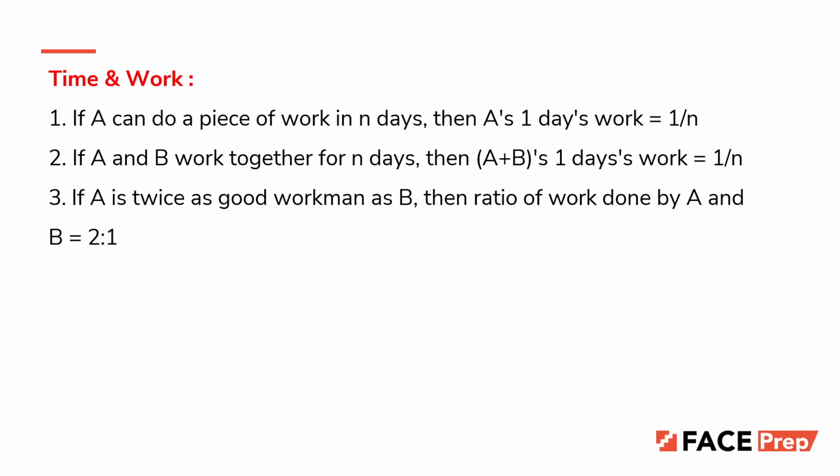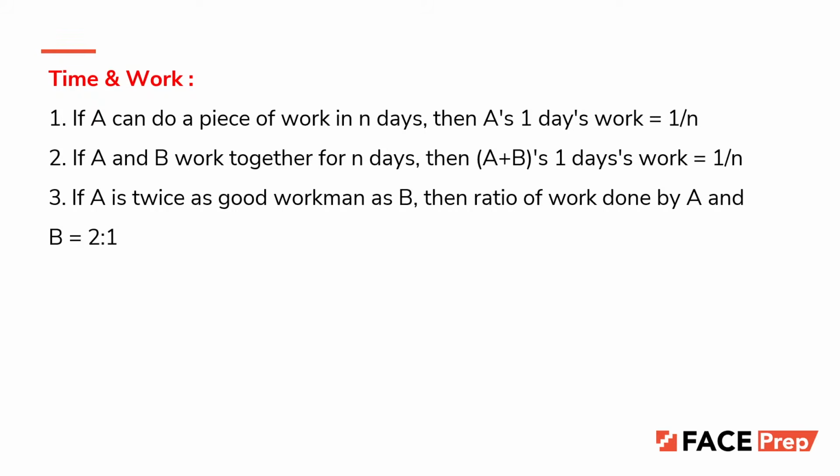And then they have given the part of time and work. When it comes to time and work, if A can do a piece of work in n days, then A's 1 day work is 1 by n.